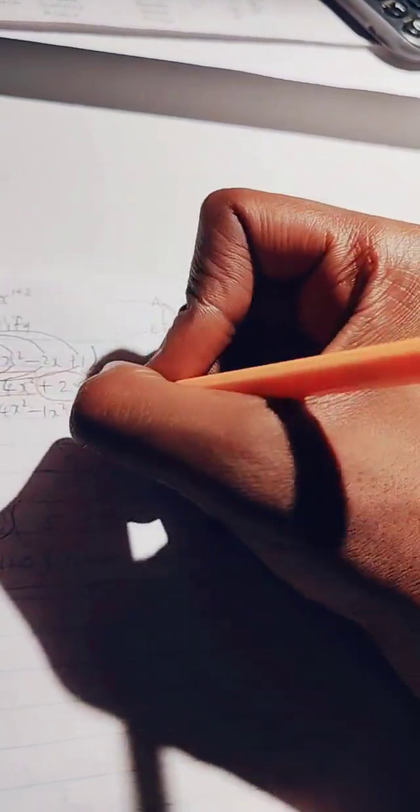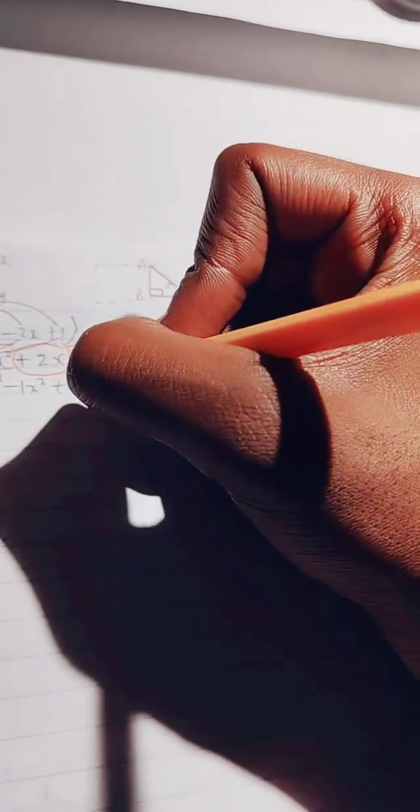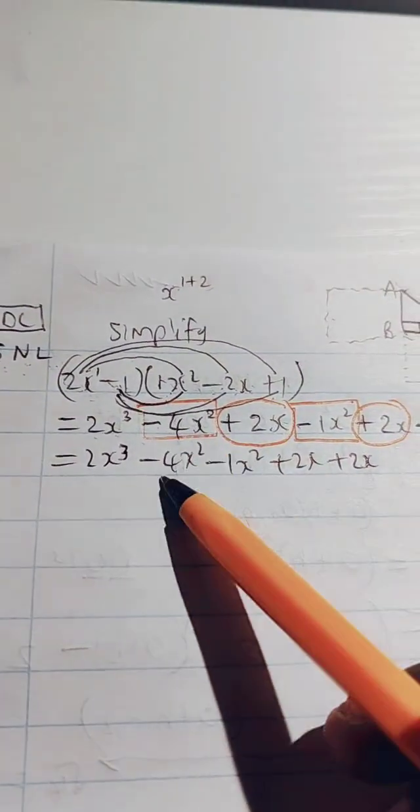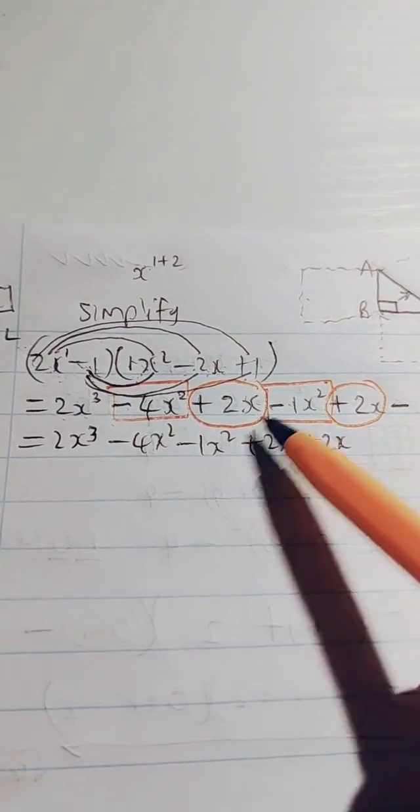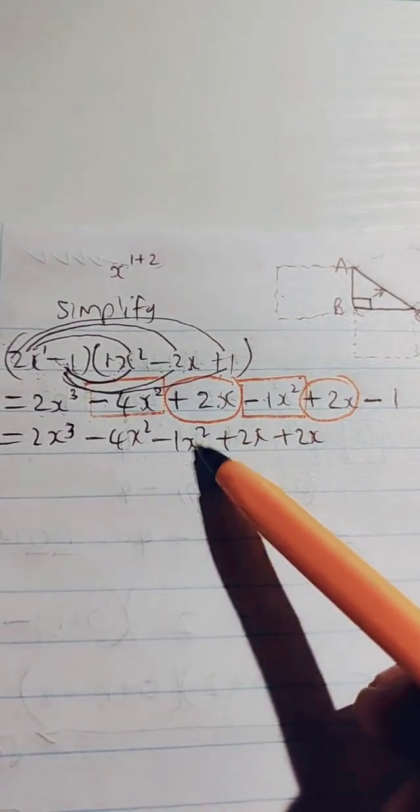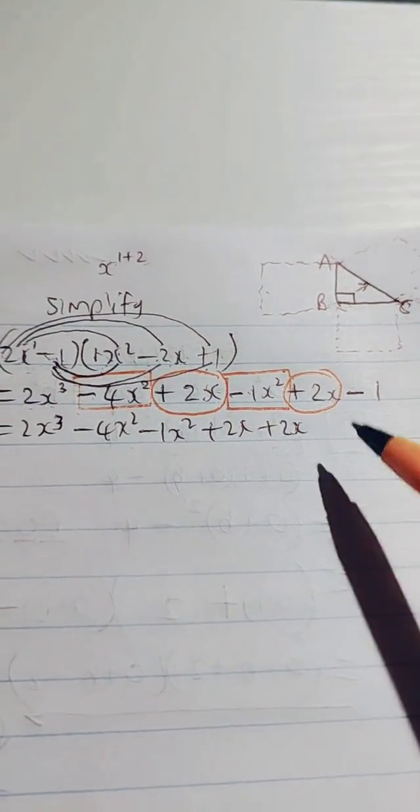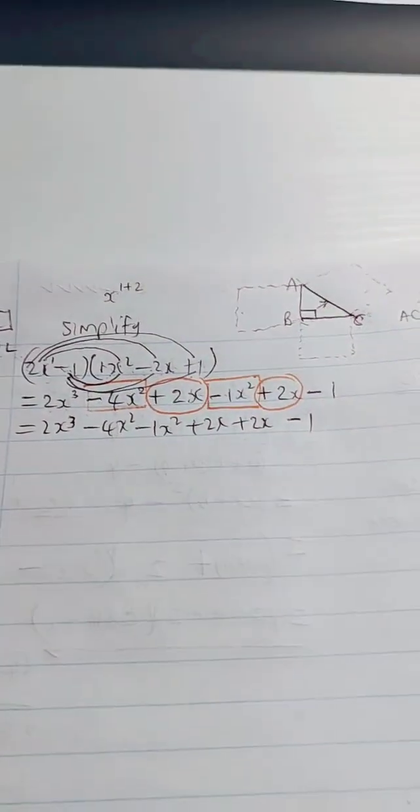They are friends. 2x and plus 2x, they are friends. We bring them together, we add them. 2x plus 2x, we bring them as they are. -4x squared was negative, -1x squared was negative, we bring them as they are. Plus 2x, we bring them as they are. -1 has no friend, he's alone. He is a loner, has no friends.